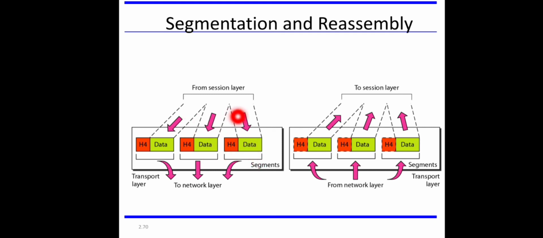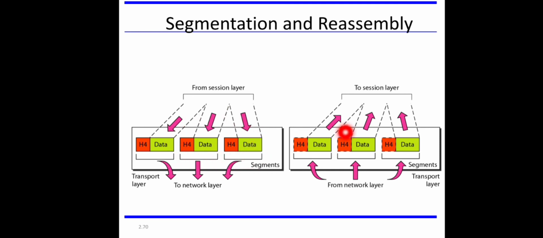Dividing the message into different parts is called segmentation. To each segment, a header part will be added to include the sequence number of the corresponding part and also the port number of the receiver and sender. So each header will be attached with each data part. This is called segmentation at the sender side.